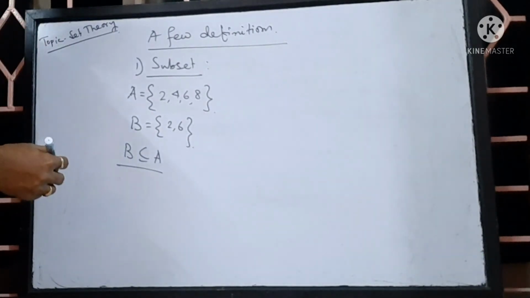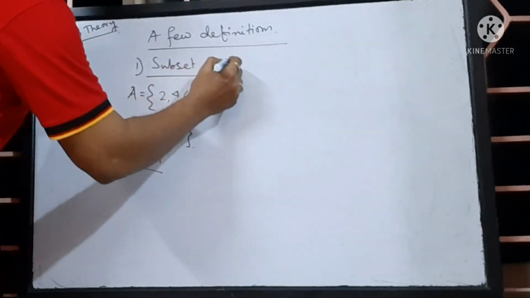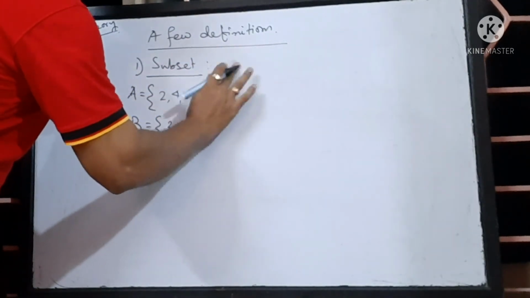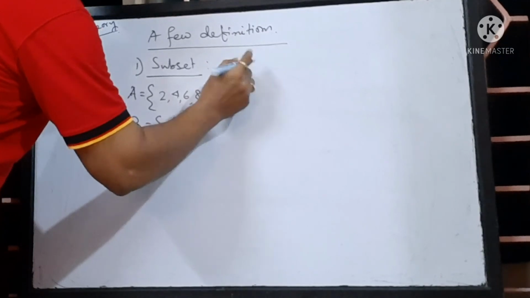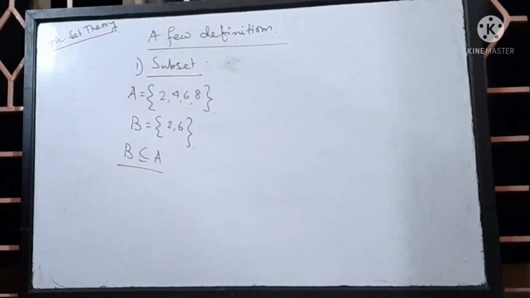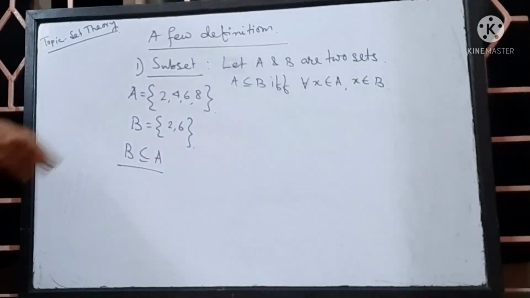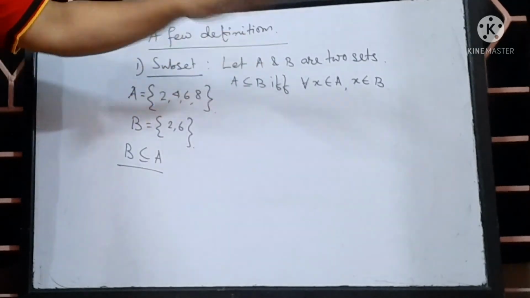So how do we define subset? Here is the definition of subset. A and B are two sets.